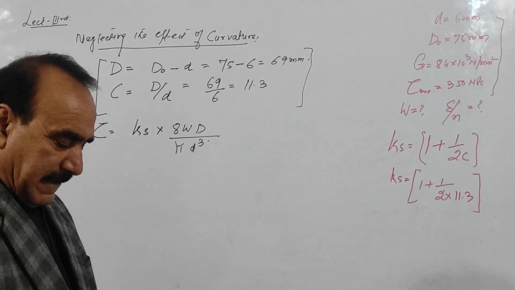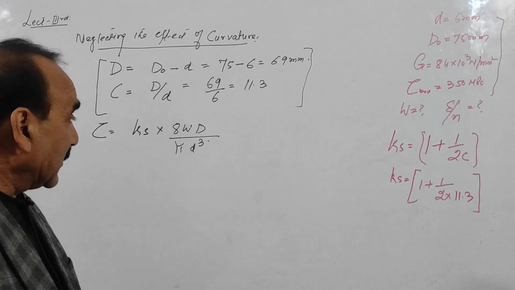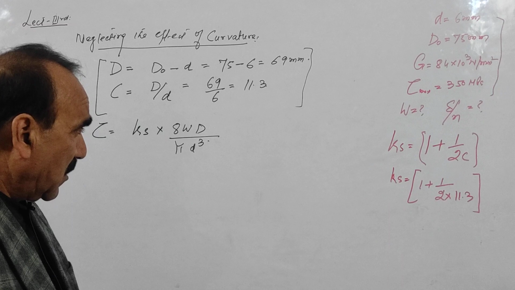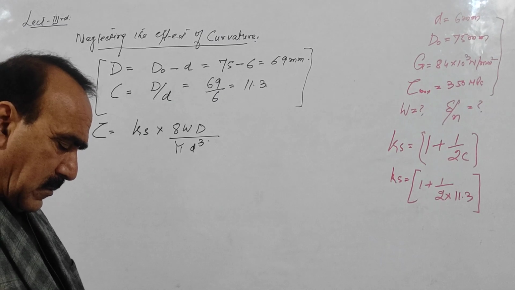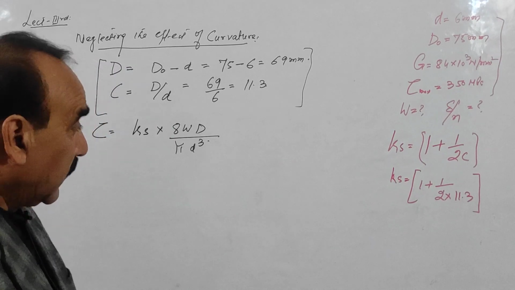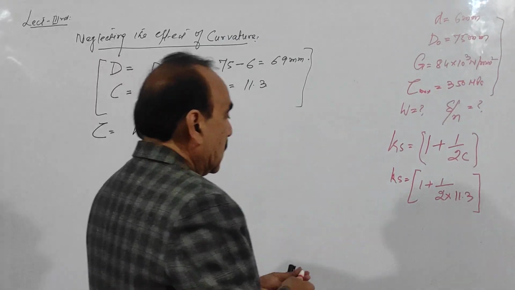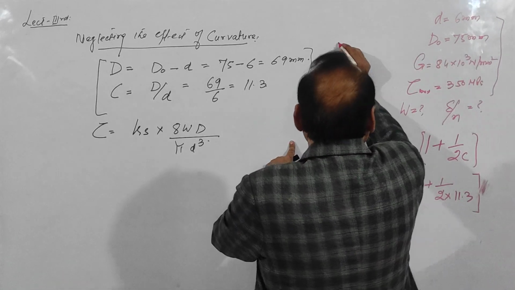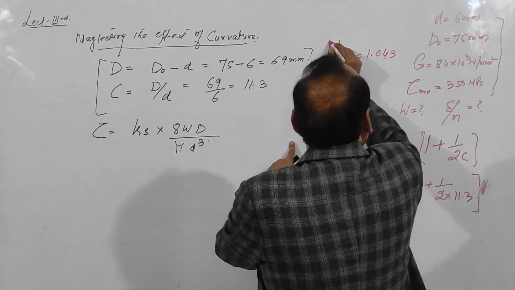What is your Ks? 1 plus 1 upon 2 into 11.3, this is equal to 1.043. So Ks is equal to 1.043, right?